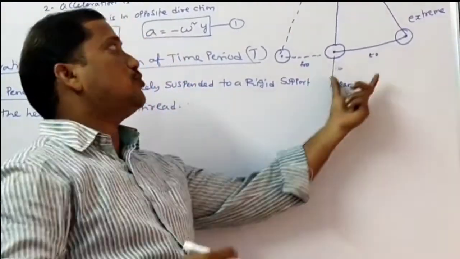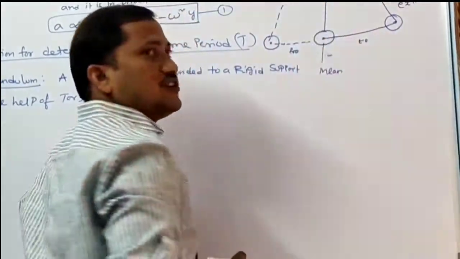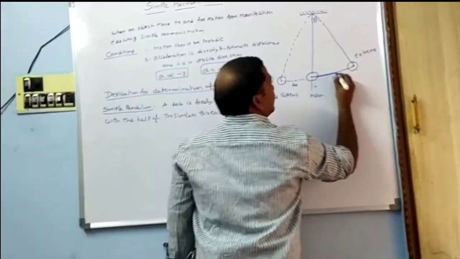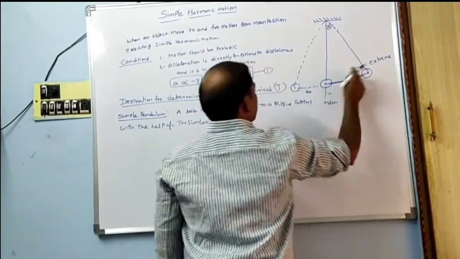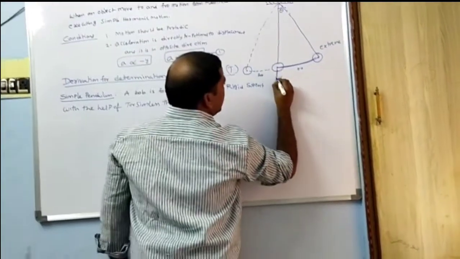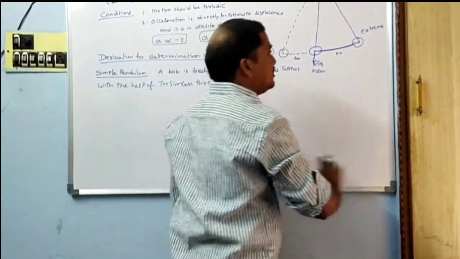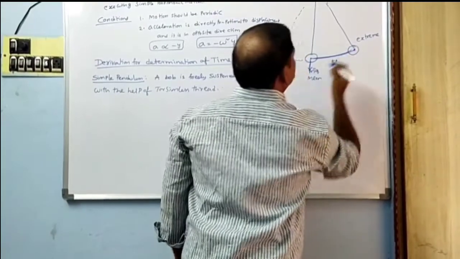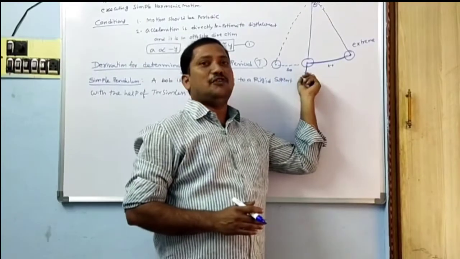Later we will discuss this in detail. This is the angle, so you can say angular displacement. This is the mean position, this is the extreme position. From this mean and extreme position, we know that at the mean position the weight acting will be mg.